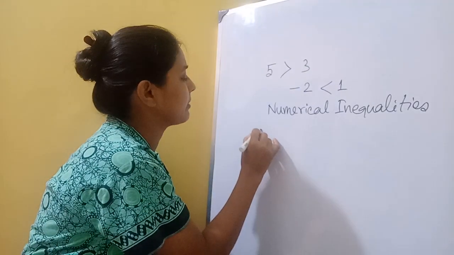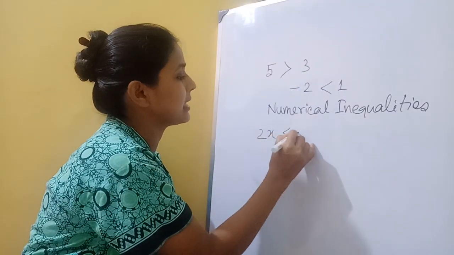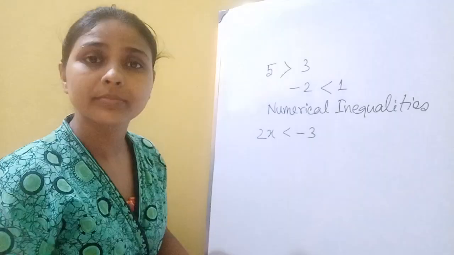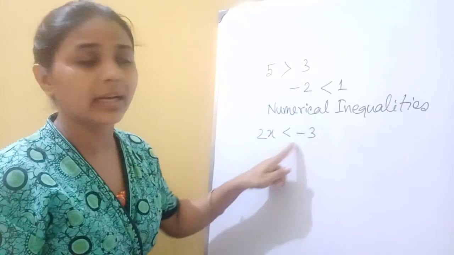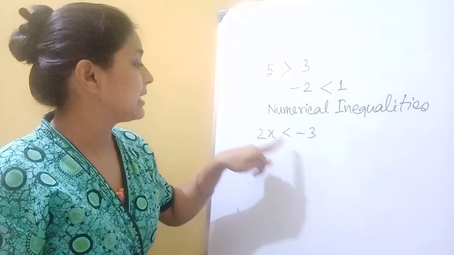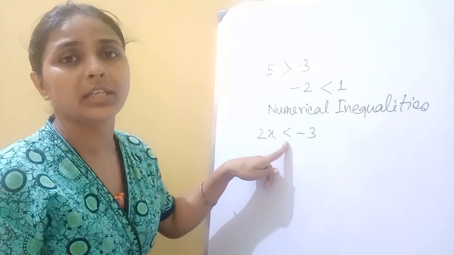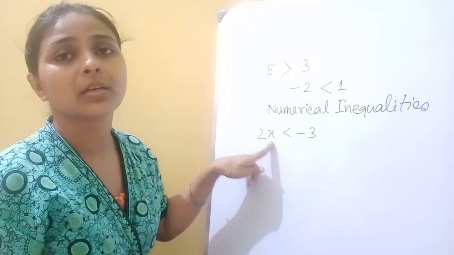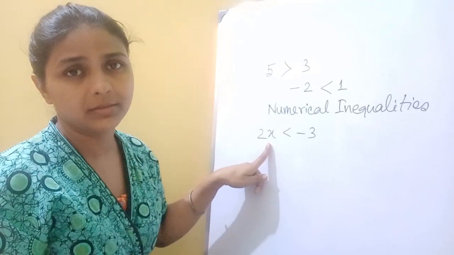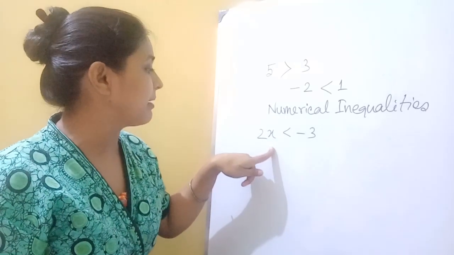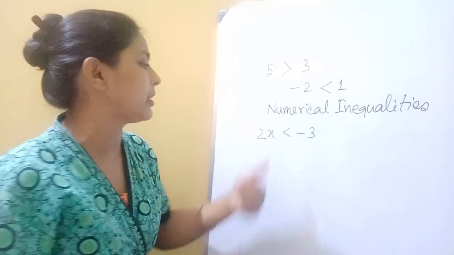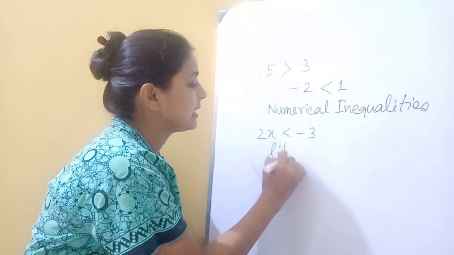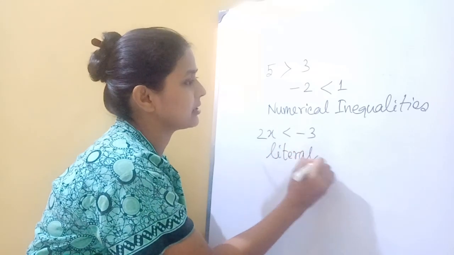Now suppose I am giving 2x less than minus 3. You can see this is obviously an inequality. This particular inequality involves one variable. So whenever we are getting any variable in the inequality, we will call it literal inequality.